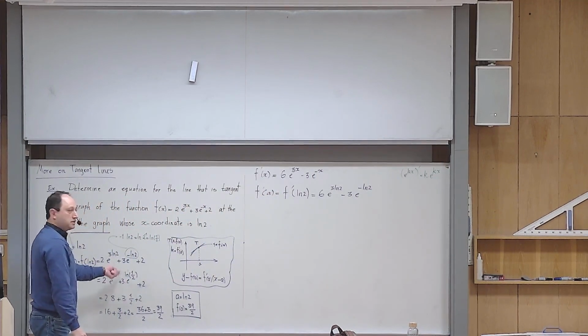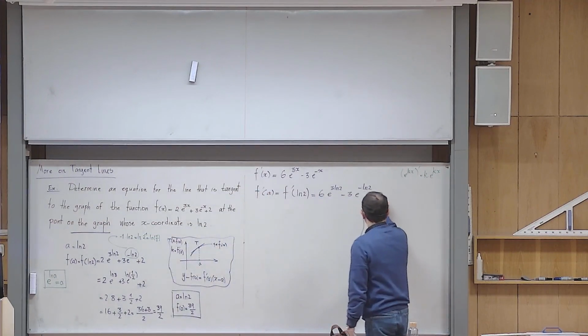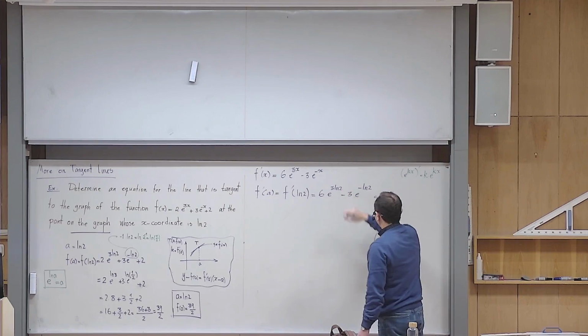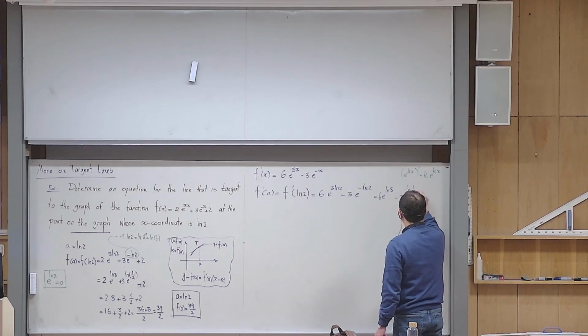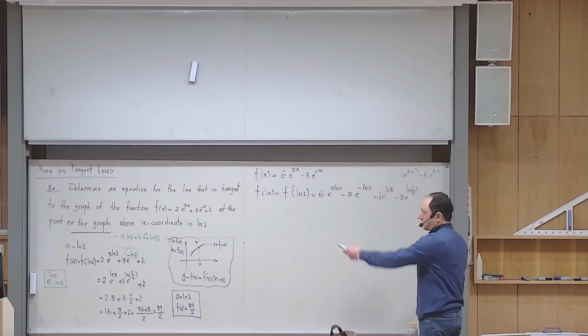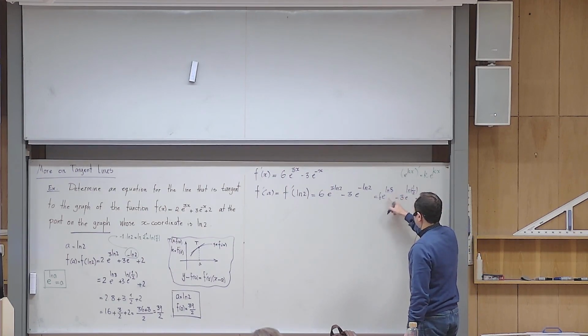But that is more or less the same problem, so let us just do it a little bit faster. I put this on top here, so this becomes 6 e to the power of ln of 8. And for the same reason, this becomes 3 e to the power of ln of 1 over 2. Exactly as my explanation there, but e to power ln of 8 is 8. 8 times 6 is 48.